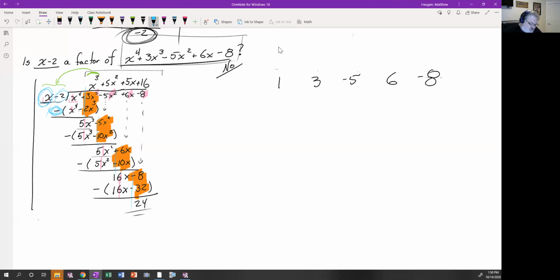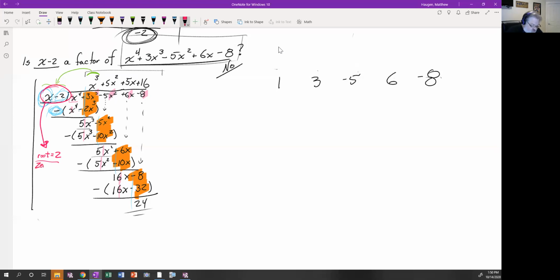So instead of using that constant, that -2, what we do to make the process easier on ourselves is we take that x - 2 factor and we take its root. The root there would be +2. The root is what makes it 0.